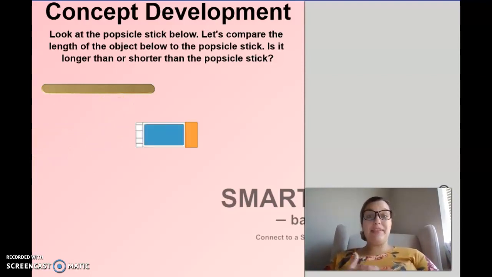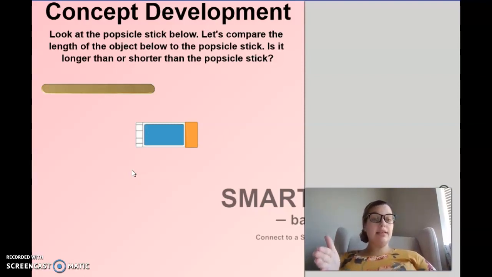Okay, we're going to still compare it to the popsicle stick. I want you to tell me if this object, this glue stick, is longer or shorter than the popsicle stick. So your sentence would sound like this. The glue stick is blank than the popsicle stick. You fill in the blank with longer or shorter. But before we can do that, what do we need to do?